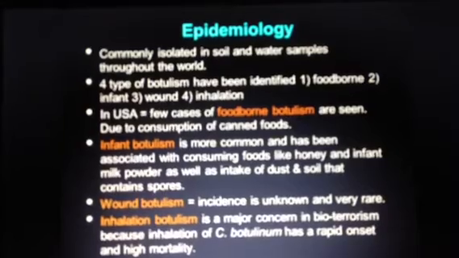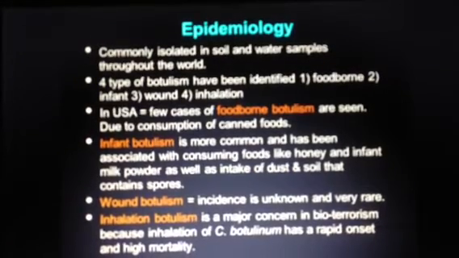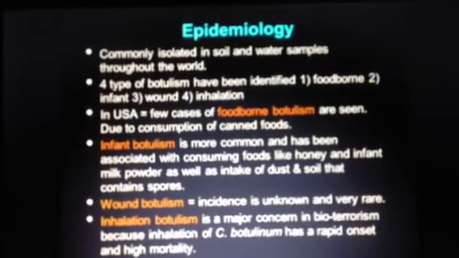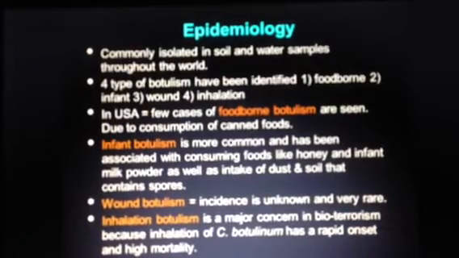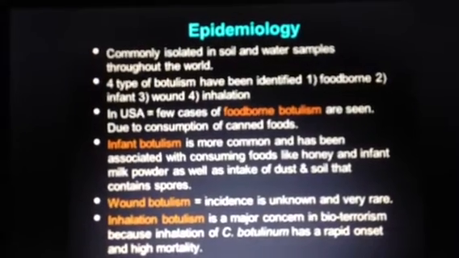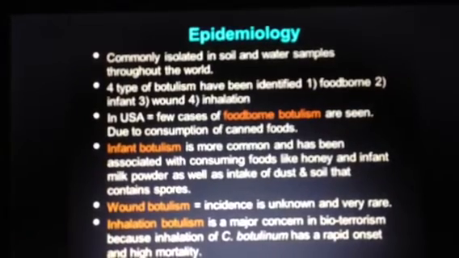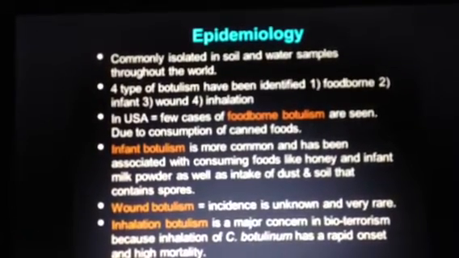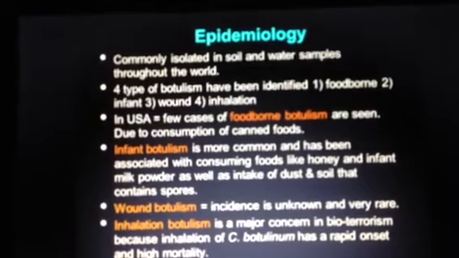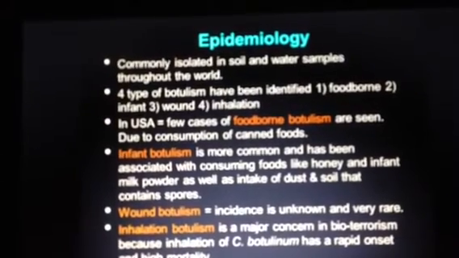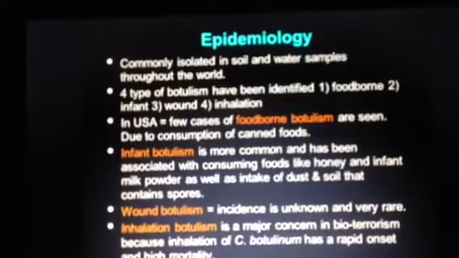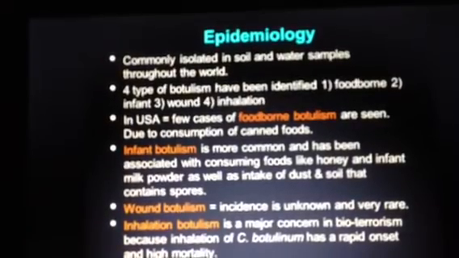Wound botulism is an incident that's very unknown. It's a very rare occasion that we will see this kind of disease. Inhalation botulism is a major concern in bioterrorism because inhaling this bacteria can cause a rapid onset and high mortality rate.